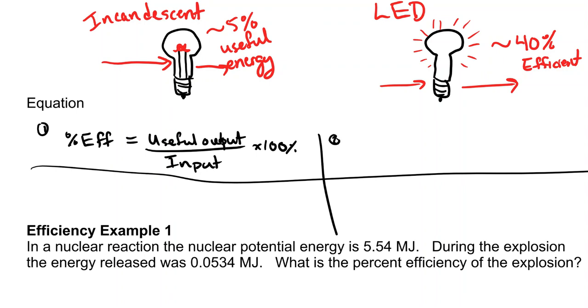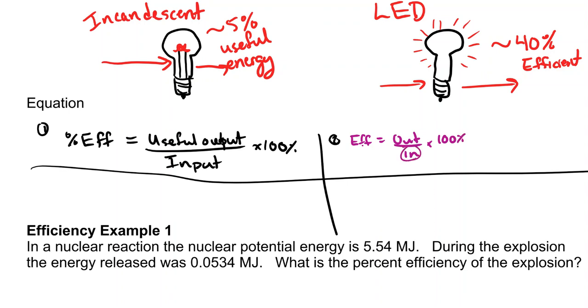The second version of the equation is going to be, let's rearrange for input, okay? If we try and get input, our variable's in the denominator, in the bottom of a fraction, and we don't want it there. So it's efficiency equals out over in times 100%.